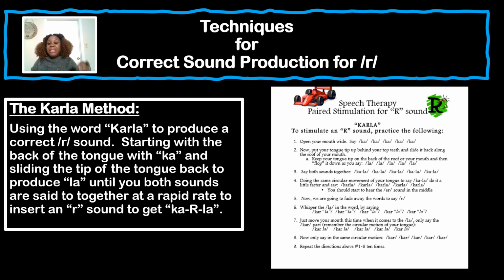But if not, it's like your child's brain is saying, okay, I want to make R, but I can't right now, so all I know how to do is say wah, wah, wah. But when I give them the strategies, they can do wah and go from there, because you're giving them so much training that the brain now knows how to fire fast enough to produce the sound correctly. So I hope that makes sense.